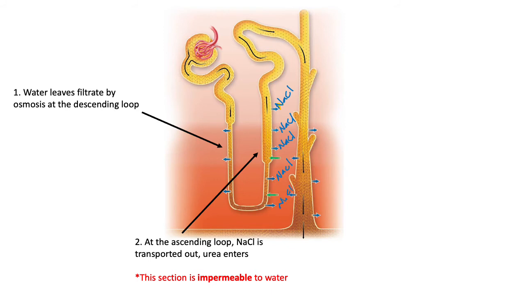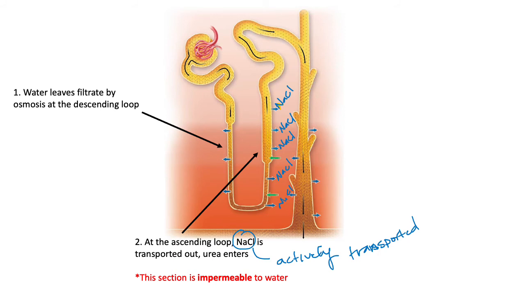Water cannot leave through this side of the nephron, but what can leave is salt. And specifically, NaCl is going to be actively transported. So it's actually being pumped out of the nephron and into the interstitial fluid. It's actively transported.